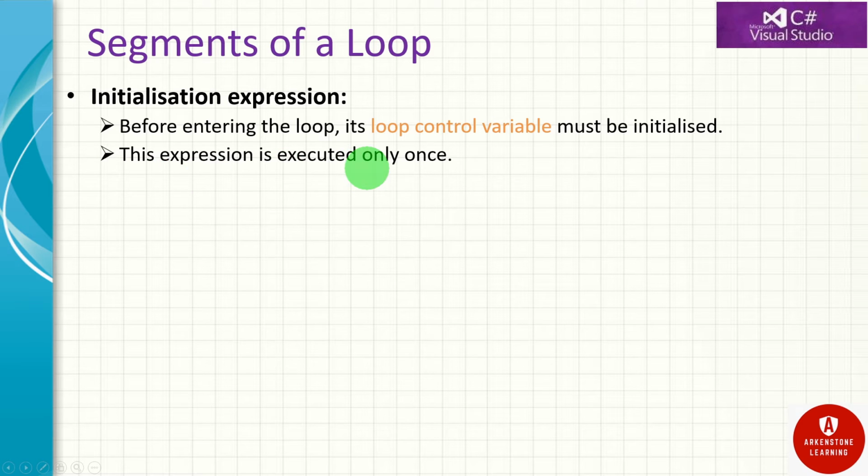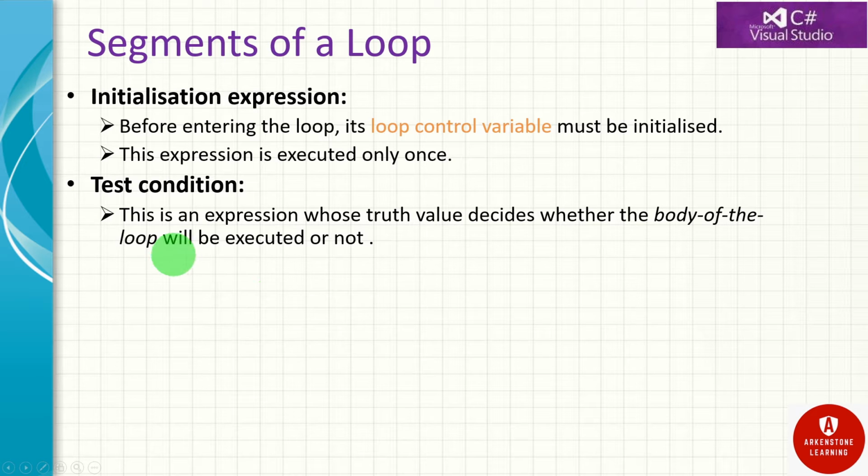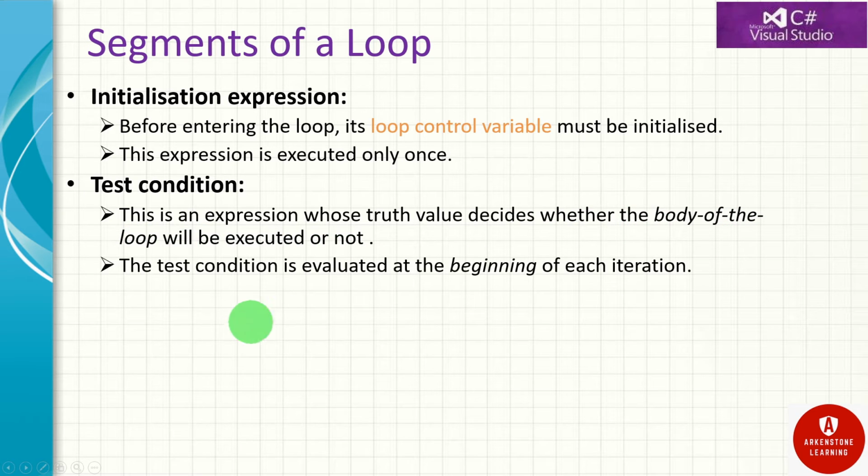This expression is initialized only once. Then we have got this test condition. This is an expression whose truth value decides whether the body of the loop will be executed or not. The test condition is evaluated at the beginning of each iteration.